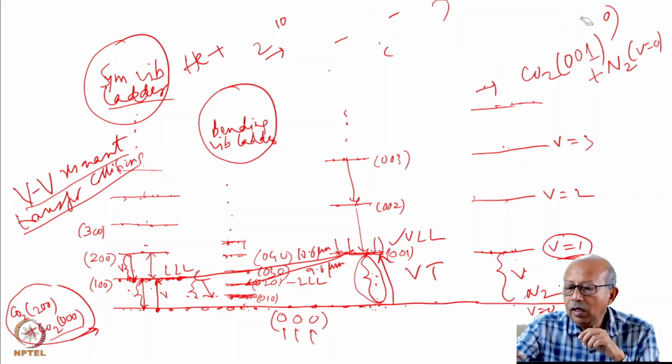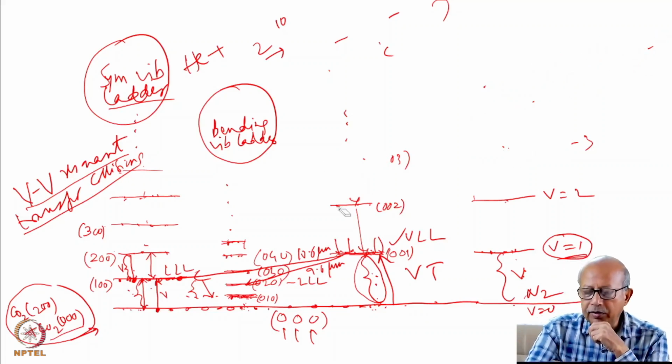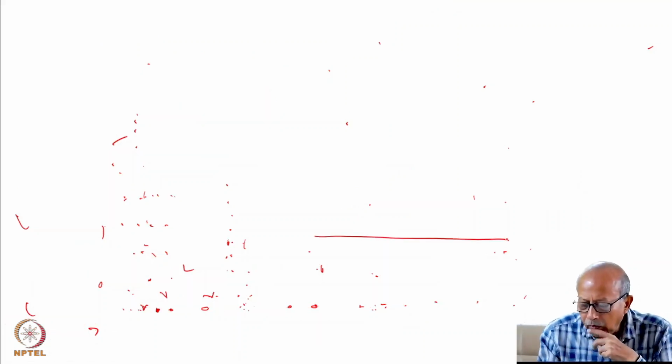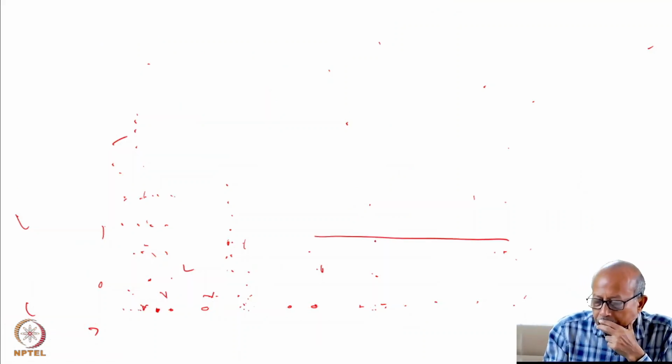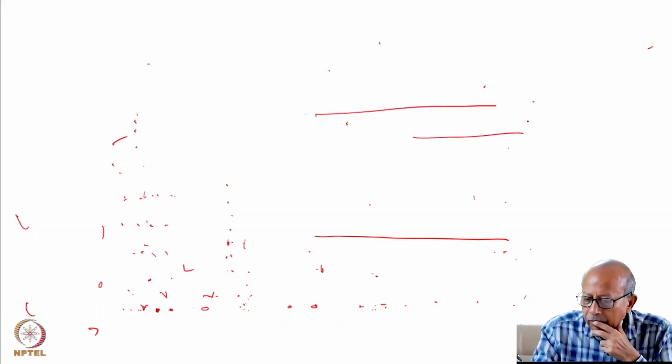consider the operation of a laser based on the 4-level energy configuration. This is the ground level, this is the pump level, this is the upper laser level, and this is the lower level.